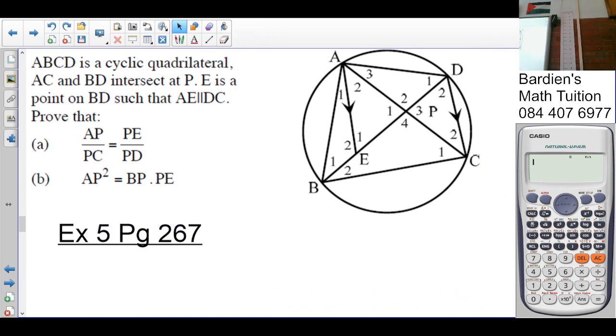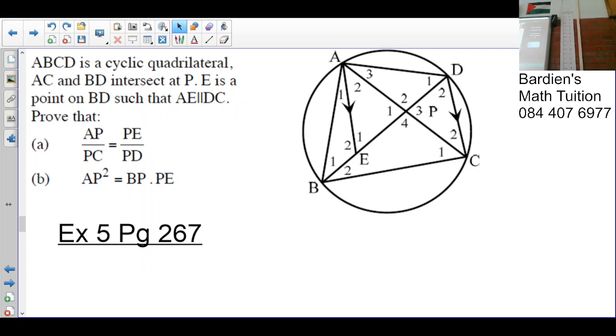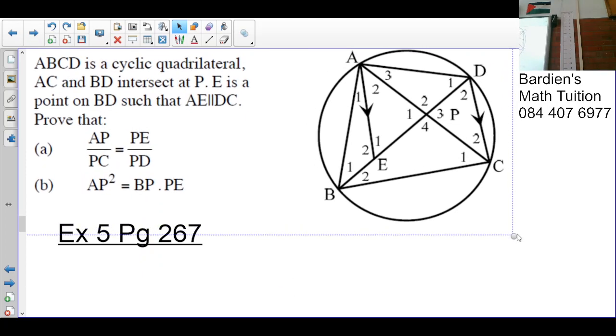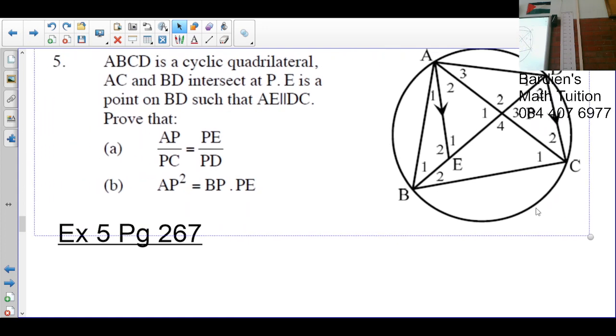We don't need a calculator, no? Is number 5.